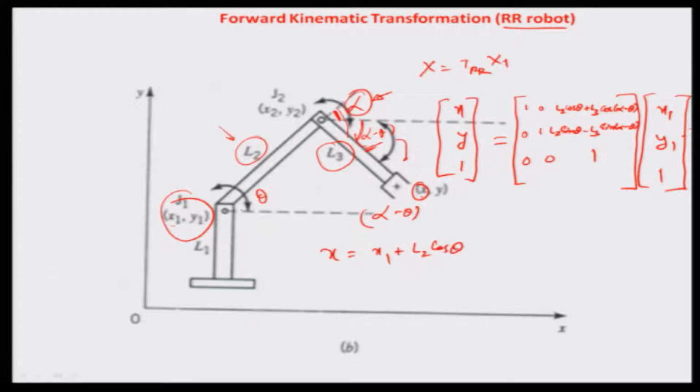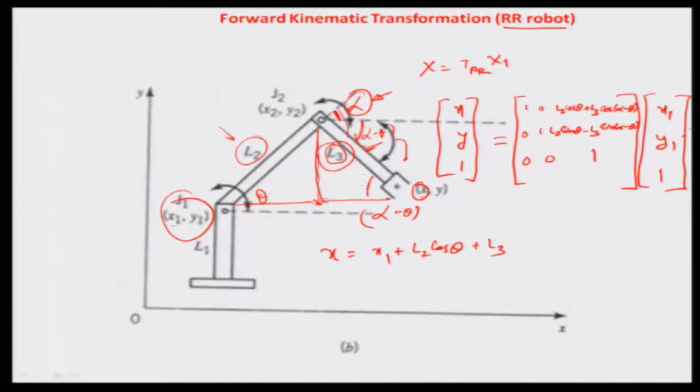So, L2 cos theta is really this much movement because of the angular twist of the link L2 with respect to the horizontal, and then the other part here really is about the link L3, and you have a cosine component alpha minus theta. So, plus L3, which is this link right here.